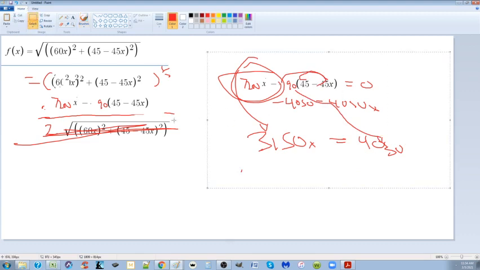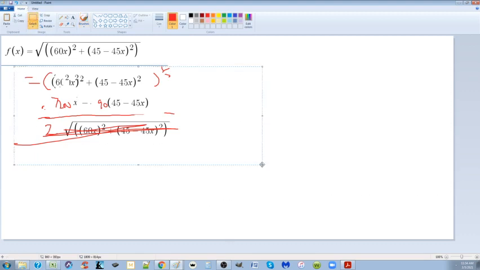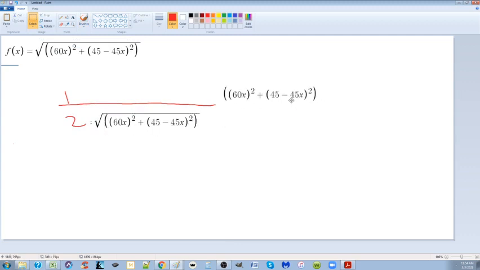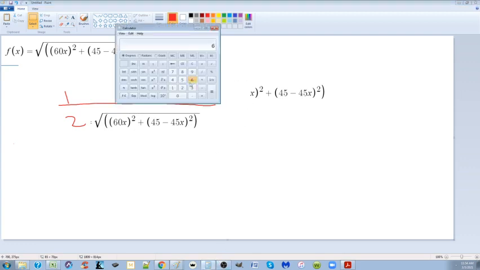Let's try the derivative again. Let's make sure I got 60 squared right. Times 2, yeah.